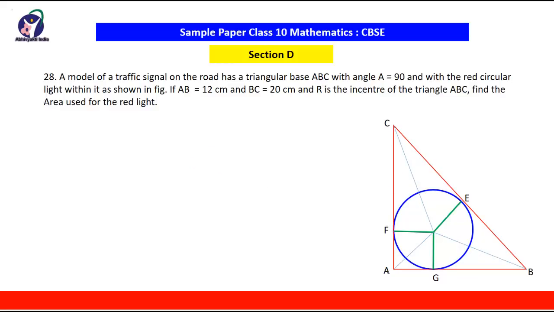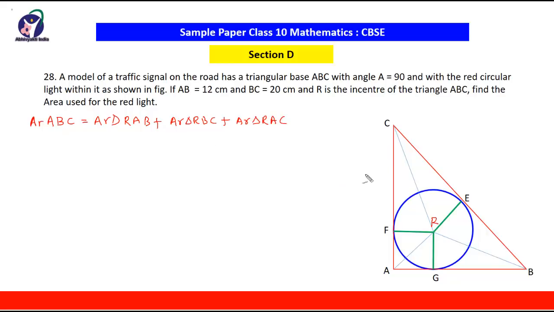So I remove all these things to make a space to write. So the next will be what? Area of triangle ABC will be equal to area of triangle, this we are taking as R, because it is given that R is the incenter of the triangle, so it will be area of triangle RAB, plus area of triangle RBC, plus area of triangle RAC.